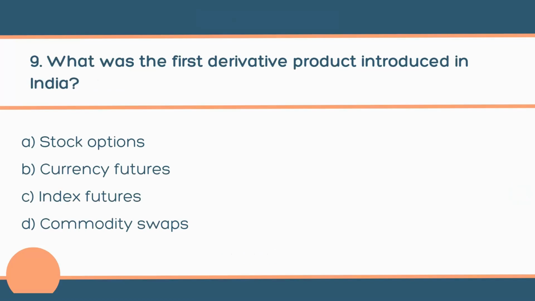What was the first derivative product introduced in India? Nifty 50 index futures were the first derivative product introduced in India. So the answer is index futures.